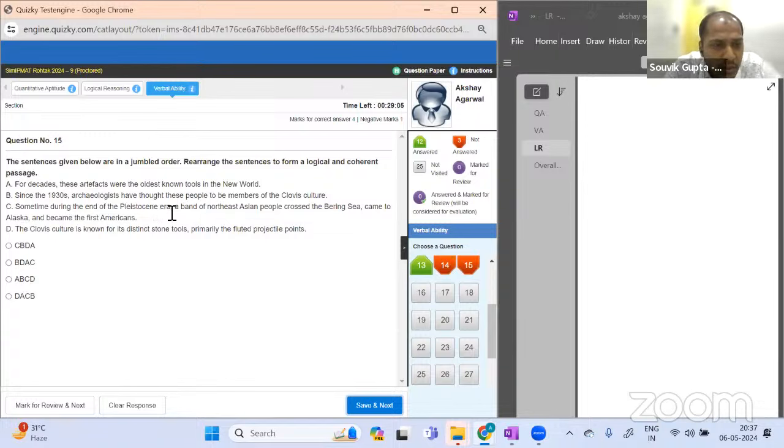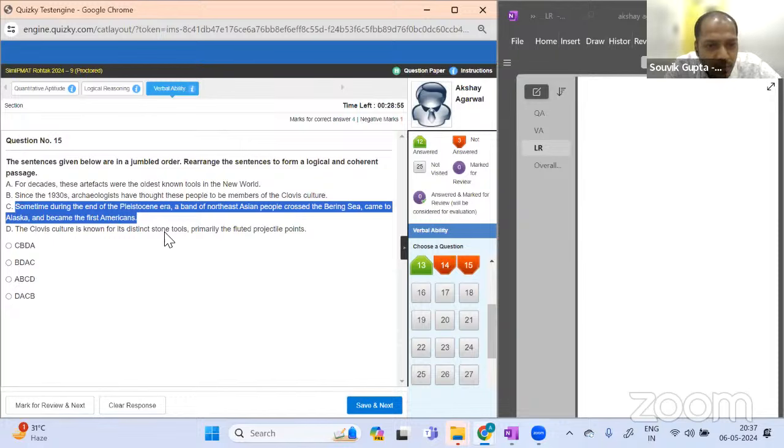Sometime during the end of the Pleistocene era, a band of Northeast Asian people crossed the Bering Sea, came to Alaska, and became the first Americans. The Clovis culture is known for its distinct stone tools.